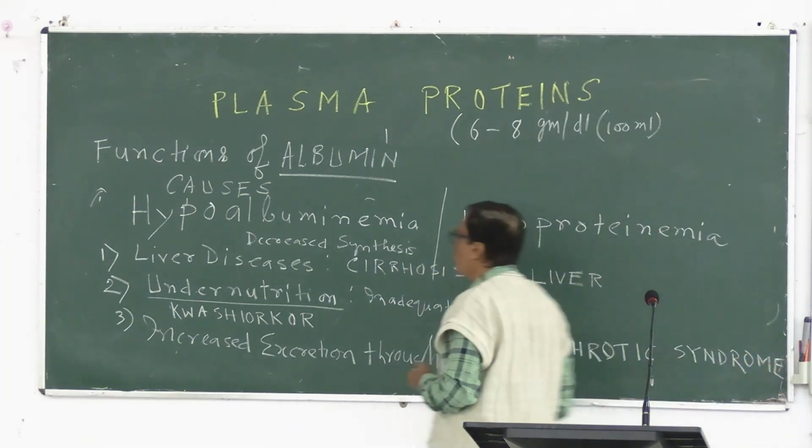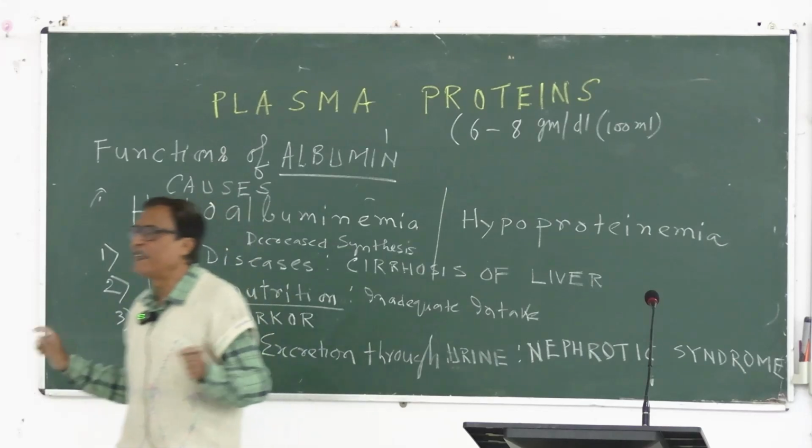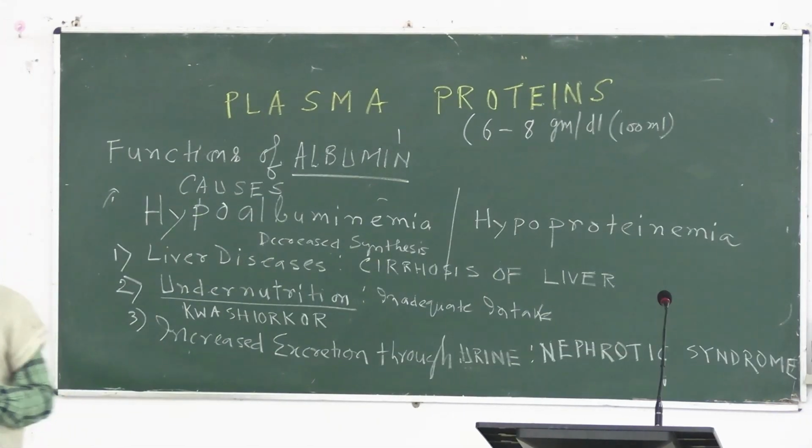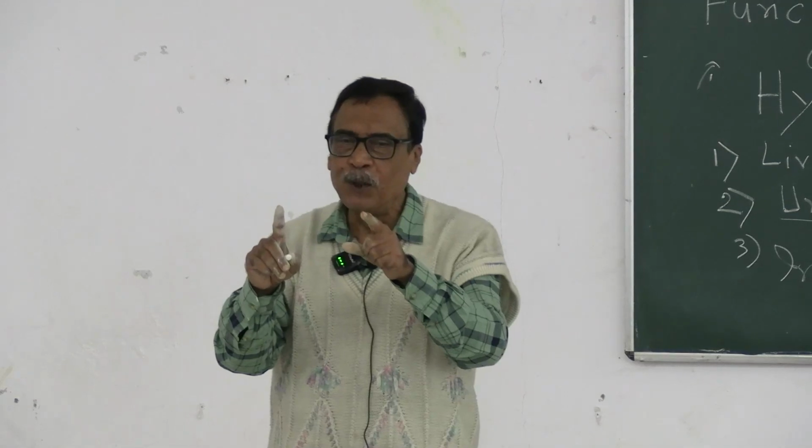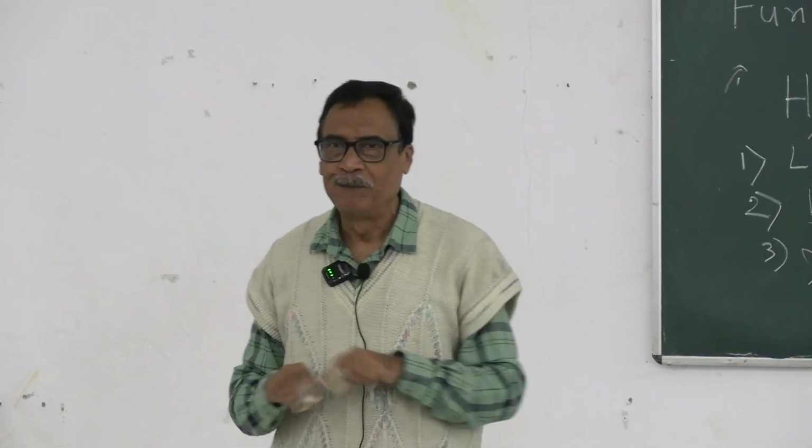Nephrotic syndrome is associated with massive albuminuria. Globulin cannot pass through the urine because globulin is a large molecule. Albumin, being a small molecule, passes through the glomerulus.